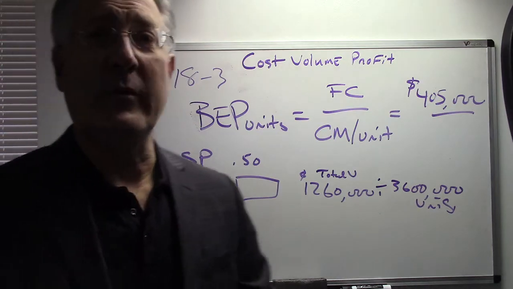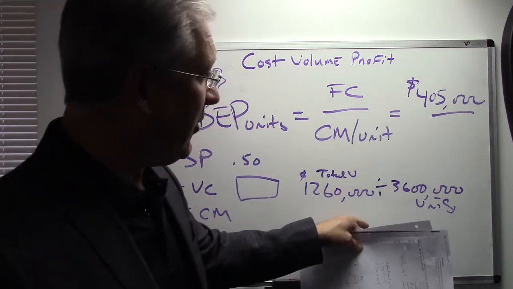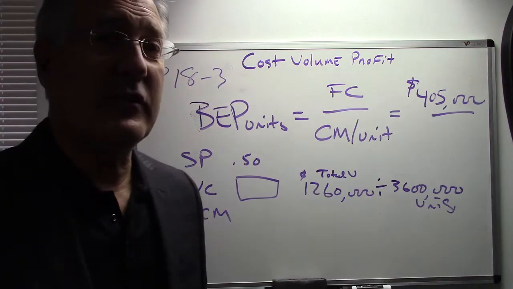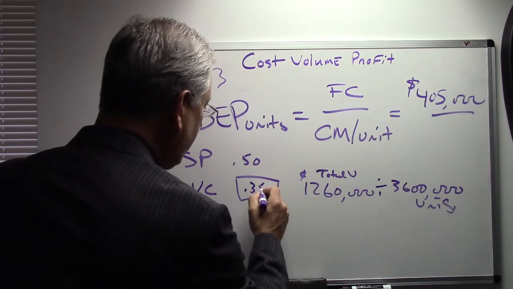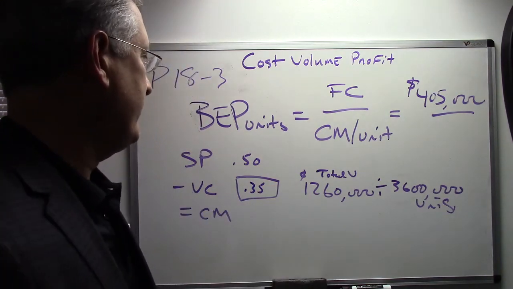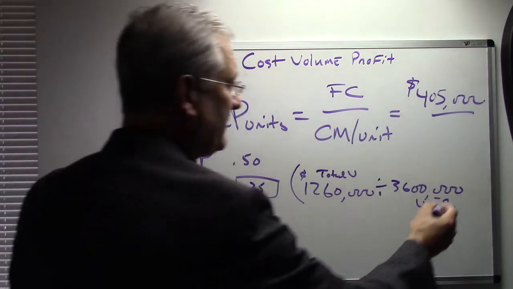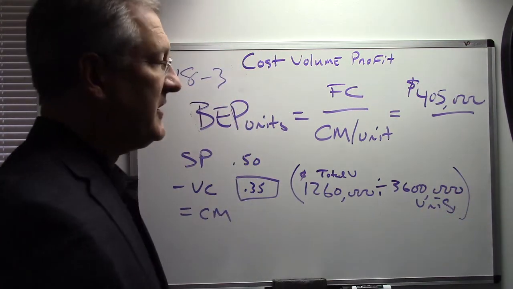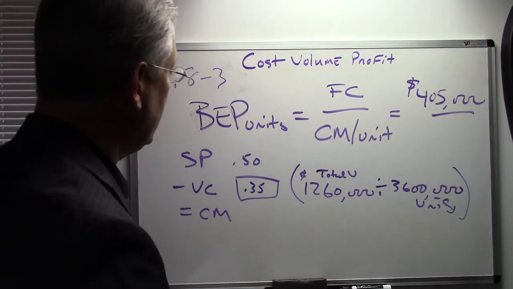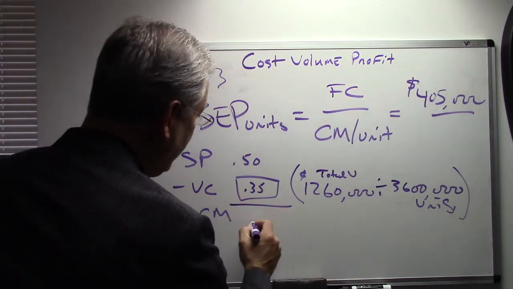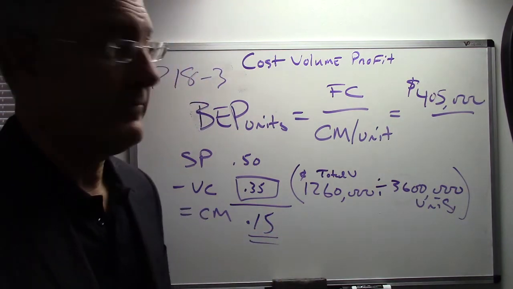So what are we trying to do? We're trying to come up with variable cost per unit. So you take the total variable cost divided by the total number of units, and you're going to come up with 0.35. $1,260,000 divided by 3,600,000 units. The variable cost per unit is 0.35. Therefore, the contribution margin per unit is 15 cents.